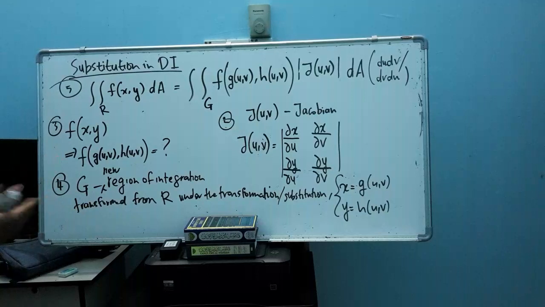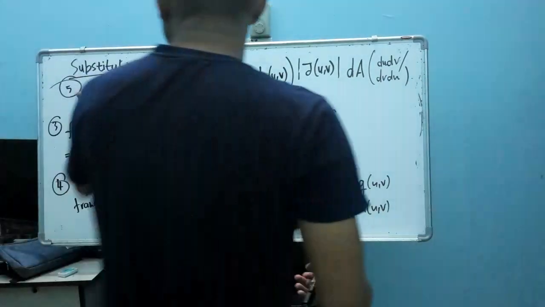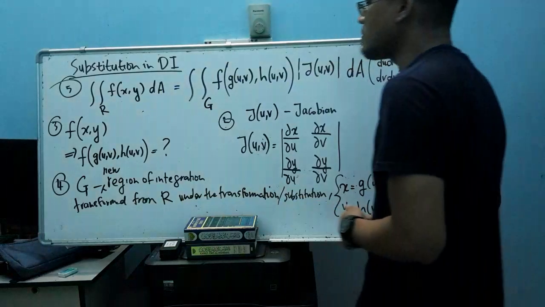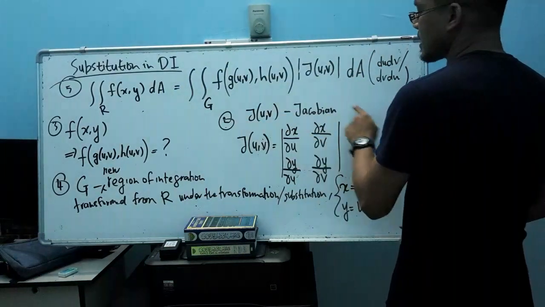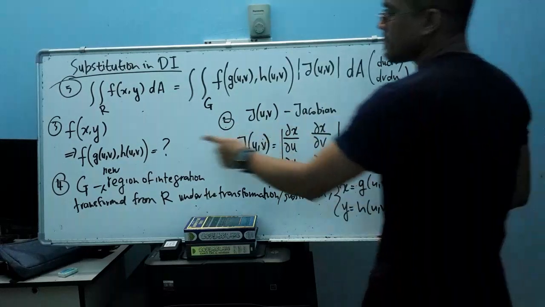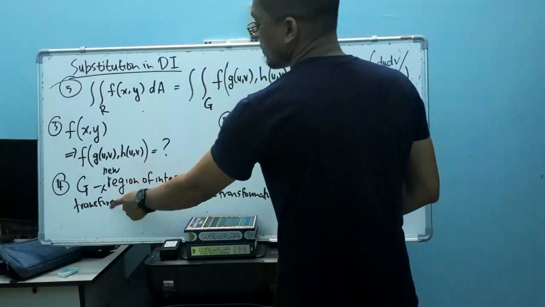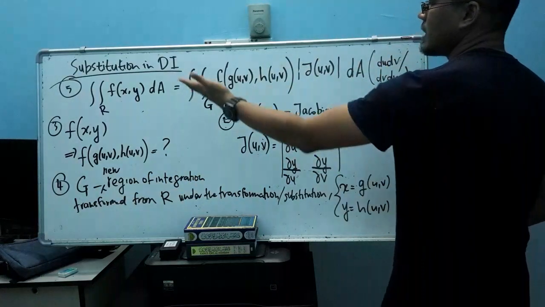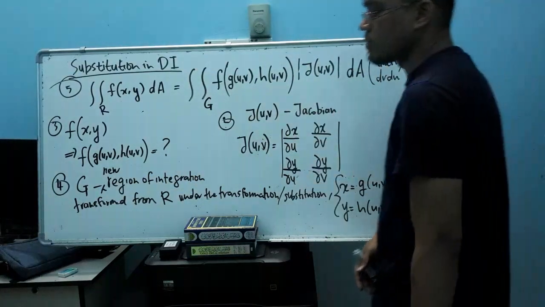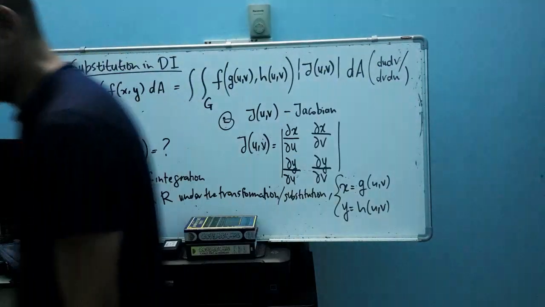It seems similar, but the difference is that you have a different transformation, different substitution, and also a Jacobian as the second part. The third part is the substitution, number 4 is to find the new region of integration, and number 5 is to substitute.